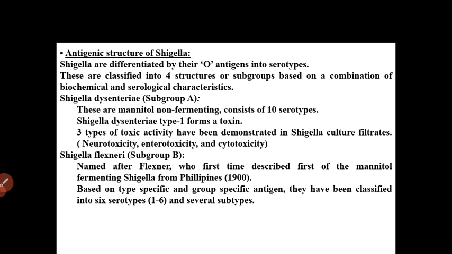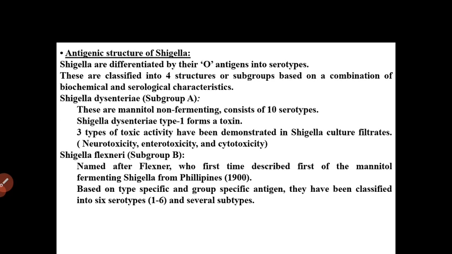Now, antigenic structure of Shigella. Shigella are differentiated by their O antigens into serotypes. These are classified into 4 subgroups in combination with biochemical and serological characters. Group A, Shigella dysenteriae. These are mannitol non-fermenting and consist of 10 serotypes.